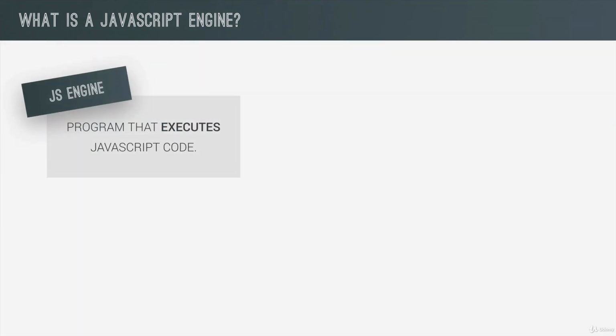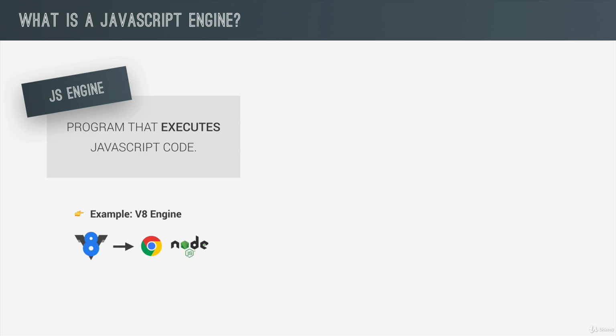So a JavaScript engine is simply a computer program that executes JavaScript code. There are a lot of steps involved in doing that, but essentially executing JavaScript code is what an engine does. Now, every browser has its own JavaScript engine, but probably the most well-known engine is Google's V8.